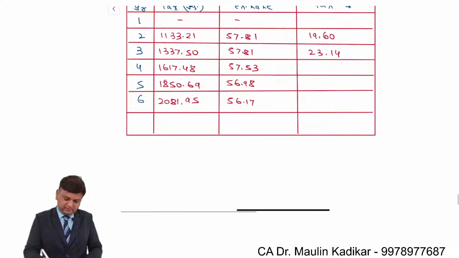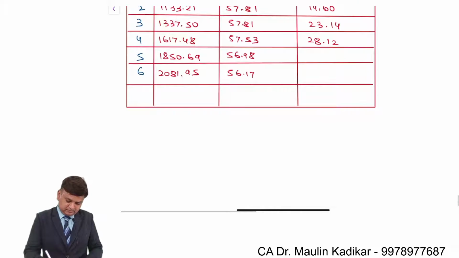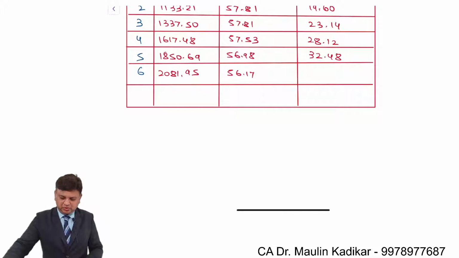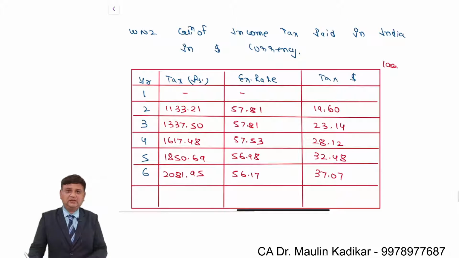So 28.12. 1850.69 upon 56.98. 32.48. 2081.95 upon 56.17. So 37.07. This is the income tax, like a kind of it is deemed that you already have paid it over there.